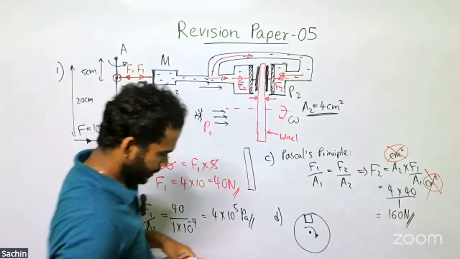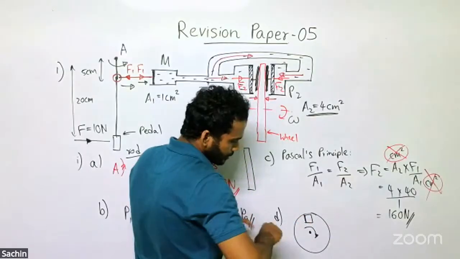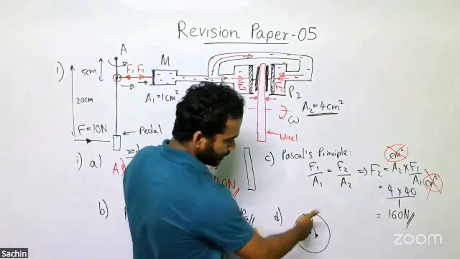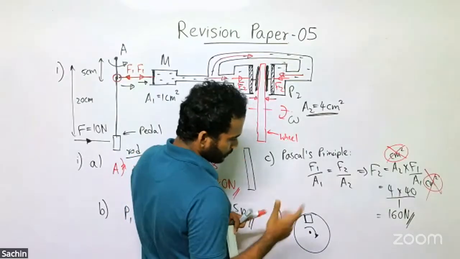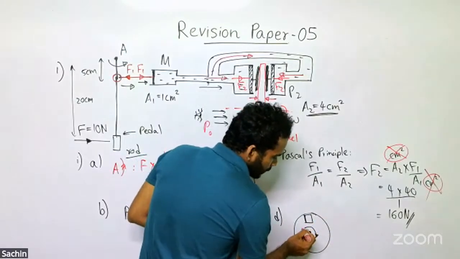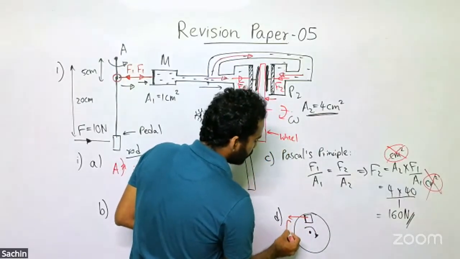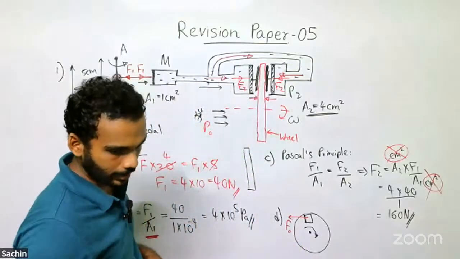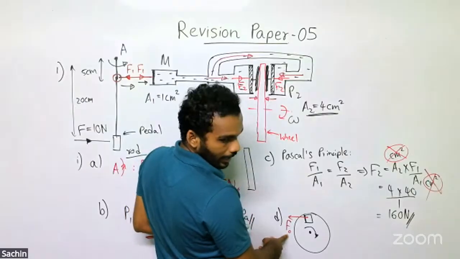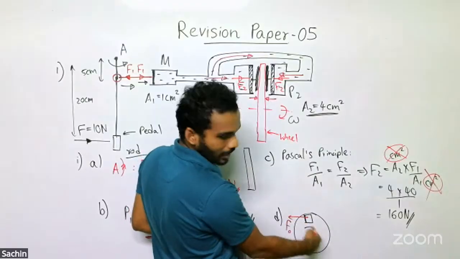The wheel is trying to rotate to this side. Because of the pressing, and these surfaces being rough, the friction forces will oppose it. So the friction forces will be developed like this. Note that this is the friction force acting on one side, which I see.